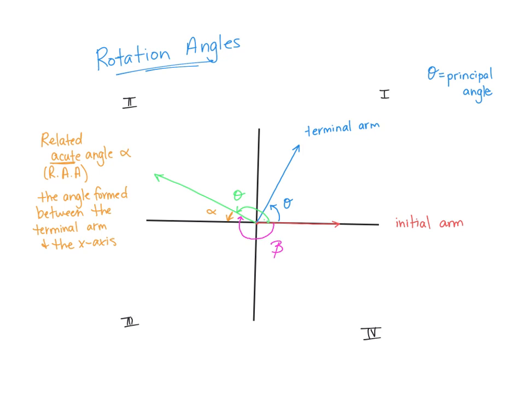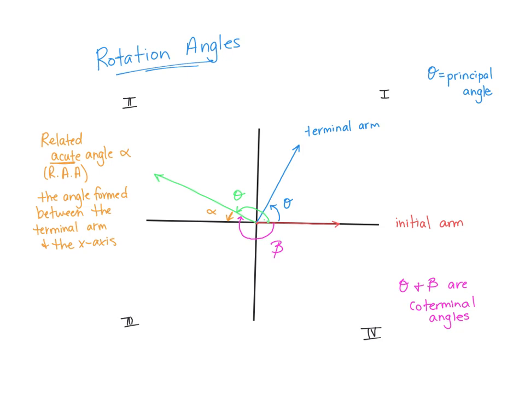And what we notice in this diagram is we can say that our principal angle, that's represented in green, and beta are coterminal angles, which means they have the same terminal arm. So the angle value that we see, we read one as positive and one as negative, but they are known as coterminal angles because they share the same terminal arm.